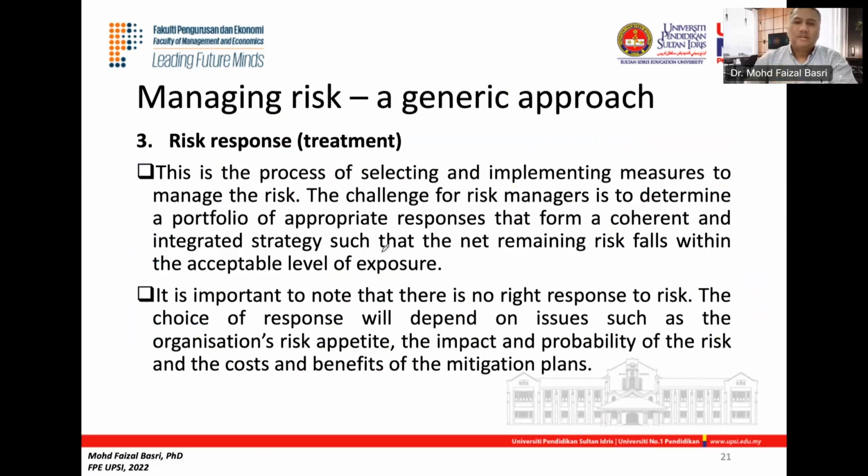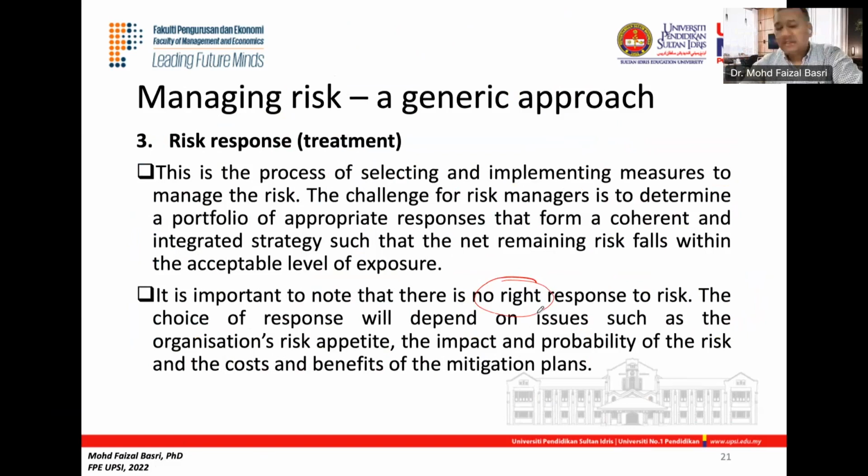Sometimes you can use just one response or one step, or sometimes you need to use multiple approaches, a portfolio of them. It is important to note that there is no right or wrong in terms of response to risk. This is basically a process of identifying what the solutions will be.